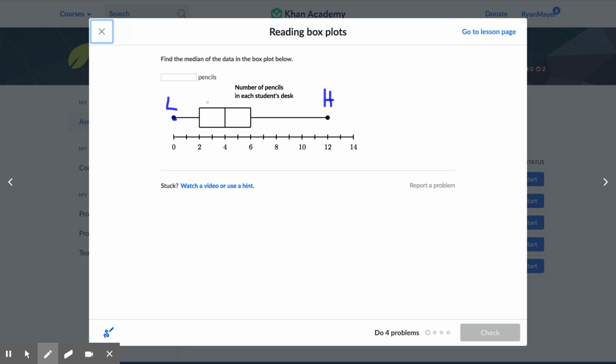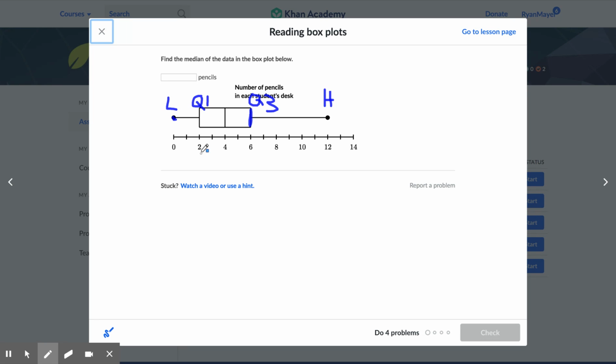We would call this one Q1. And then this one over here, this is our other quartile range, and we can call that one Q3. Those are our ranges.